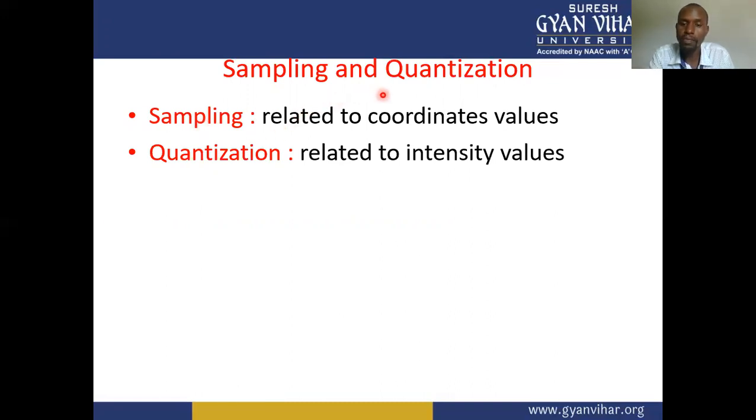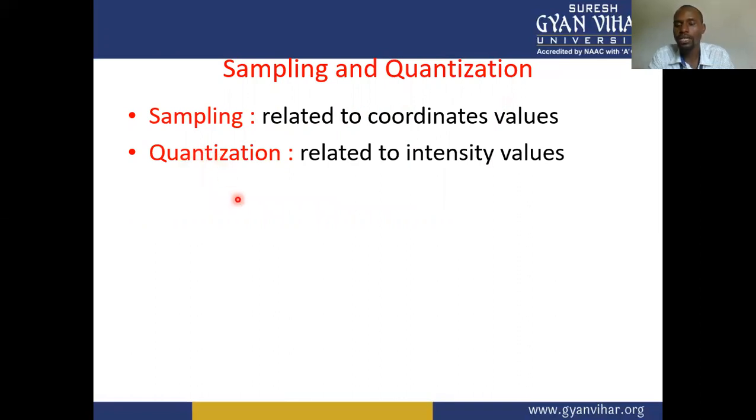So whenever we perform digital image processing and we want to perform any processing that relates to coordinate values, that is known as sampling. Now, on the flip side, when we want to perform this processing on an image and what we apply in this case is intensity value, then that is referred to as quantization.